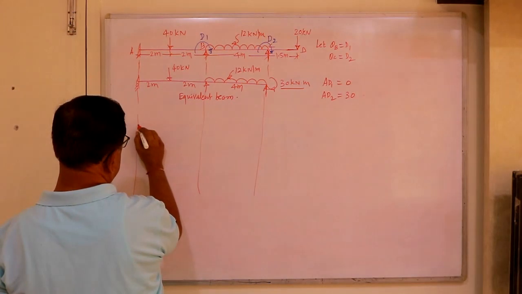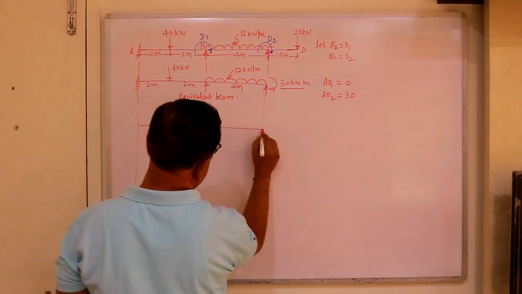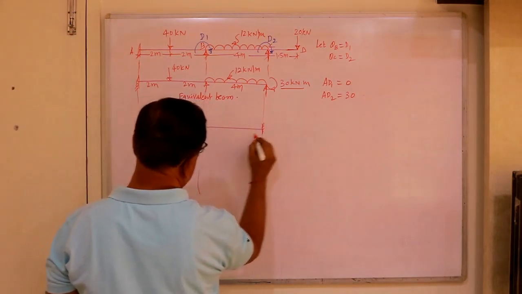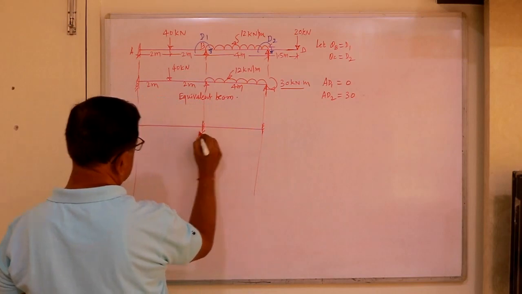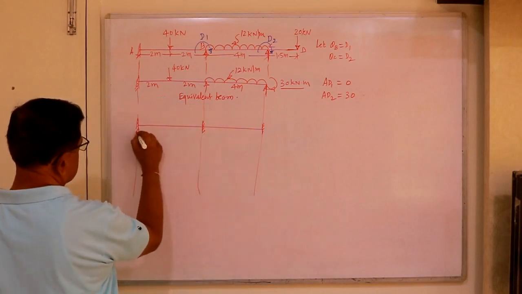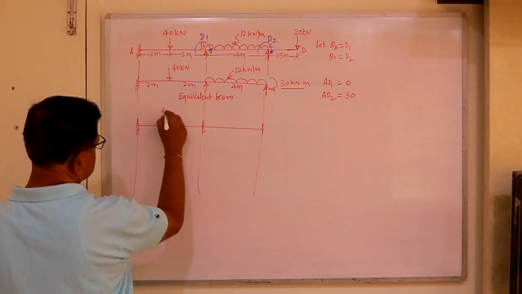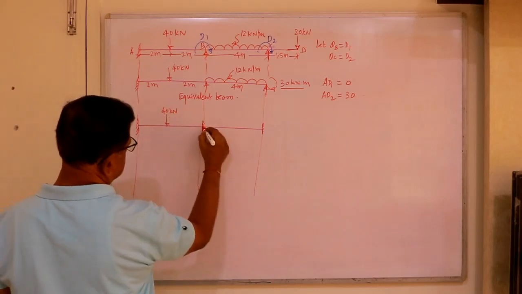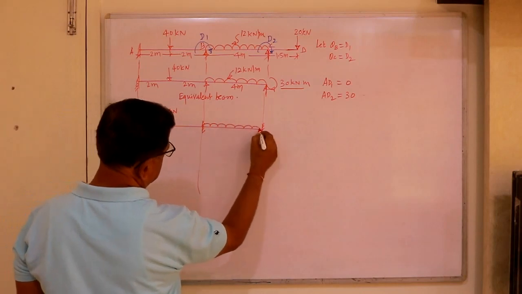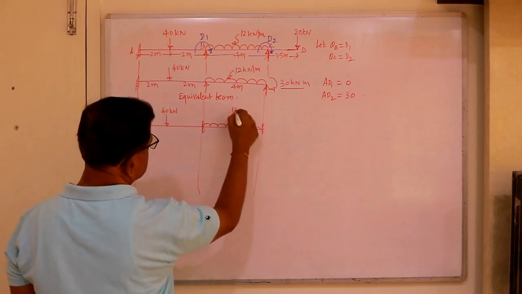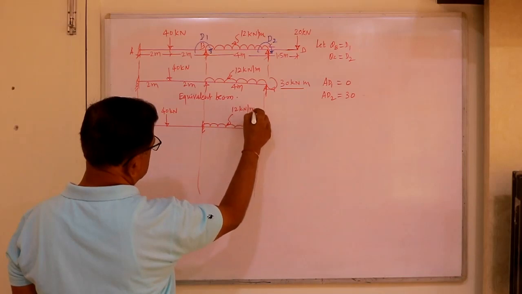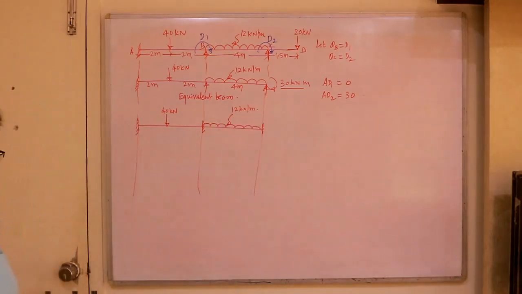Now next, let's find out fixed end moments. So lock all the joints, and this is 40 kilonewton, and this is 12 kilonewton per meter. So what are the fixed end actions?